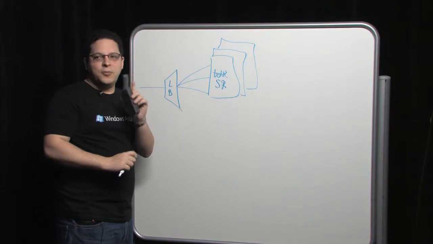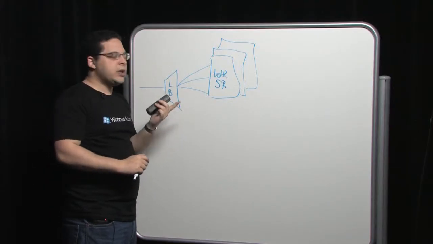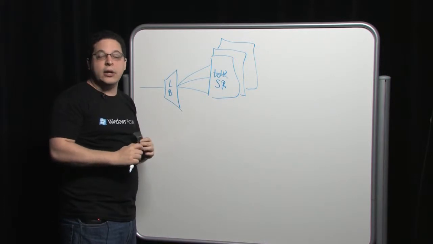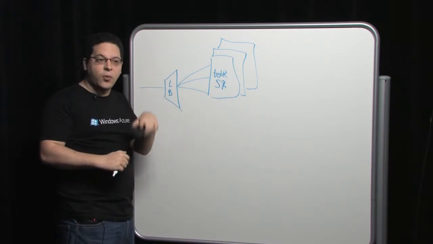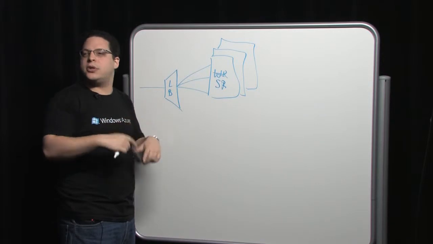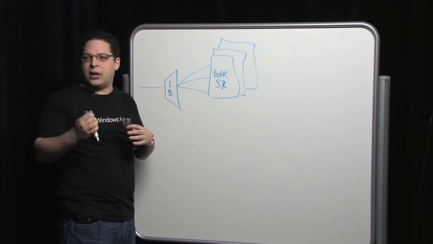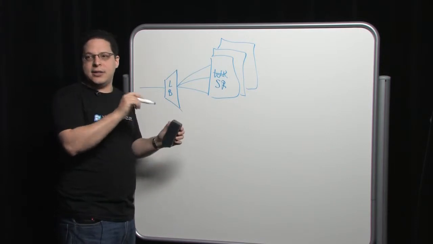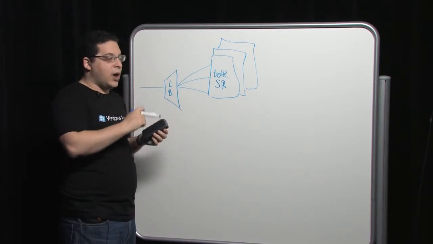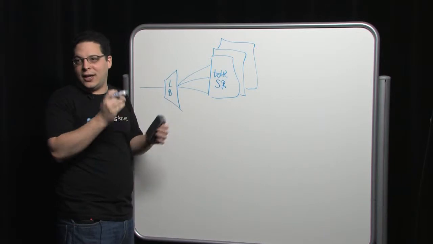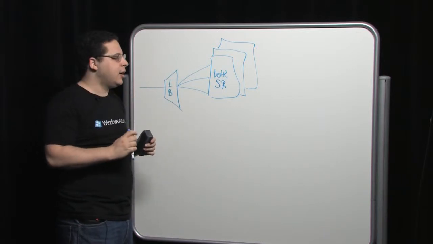A lot of people might expect this to be a worker role because when we talk about running Java in Windows Azure, we usually do that in a worker role because we're not using IIS. We're usually using Apache Tomcat or Jetty, so we don't need IIS as the web server. In fact, we don't want it binding to port 80 and not letting us do it on another process.